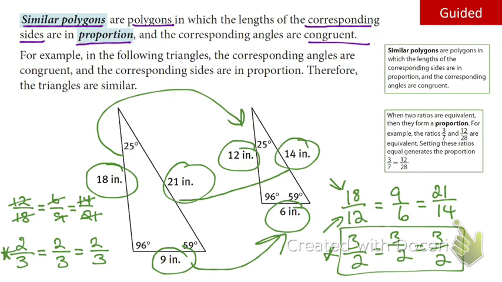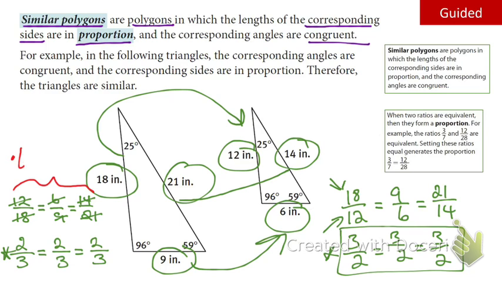Last, I want to say this. Instead of reducing them to fractions, you could have also done division. 2/3 as a decimal is 0.67.